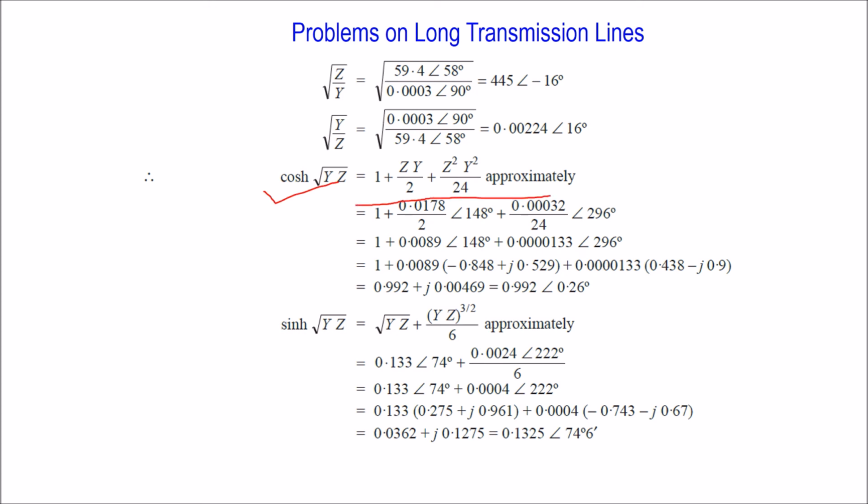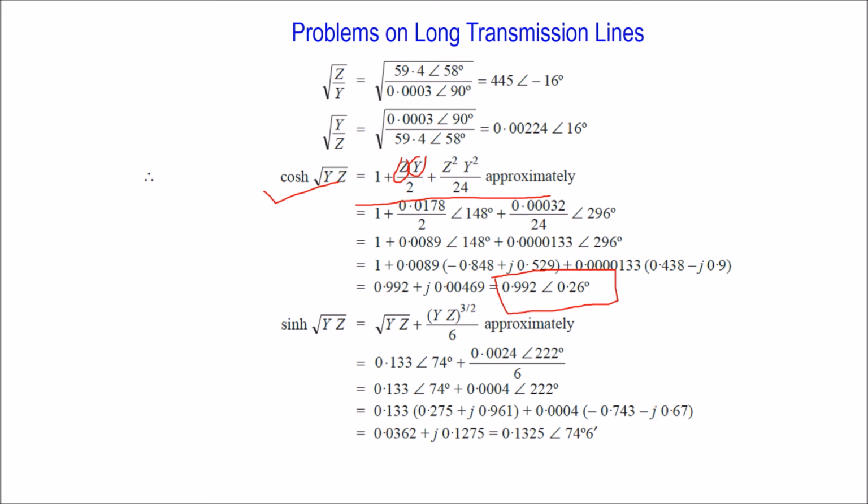So we determine hyperbolic cos root over YZ through this series, right? So we know Z, we know Y, so we can easily determine the value of cosh root over YZ, right? And we get 0.992 at an angle of 0.26 degree, right?